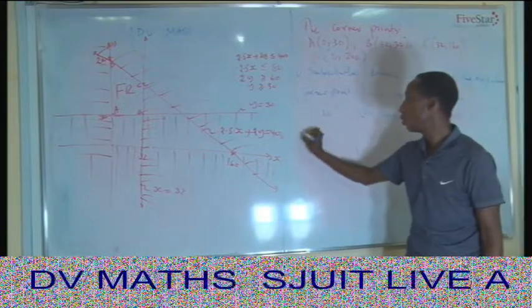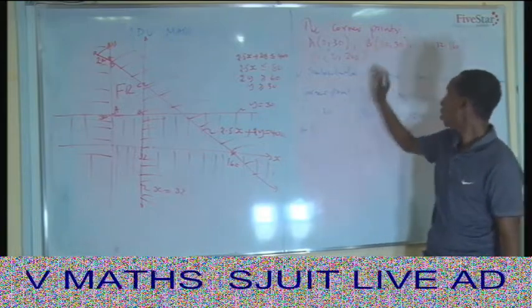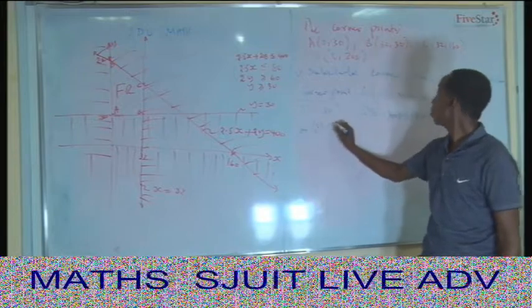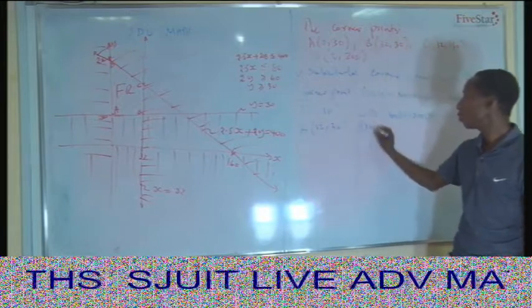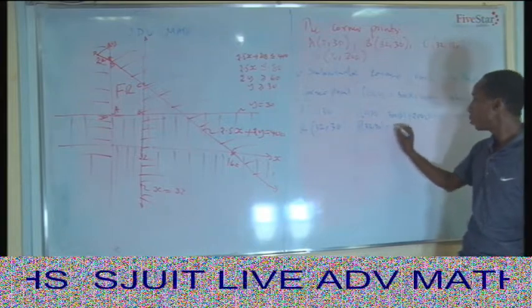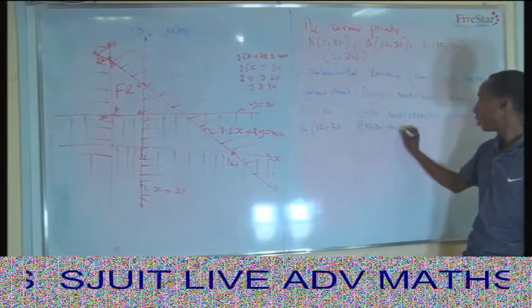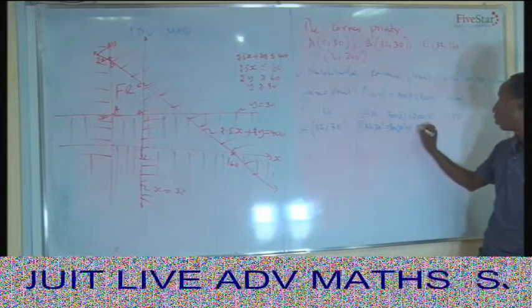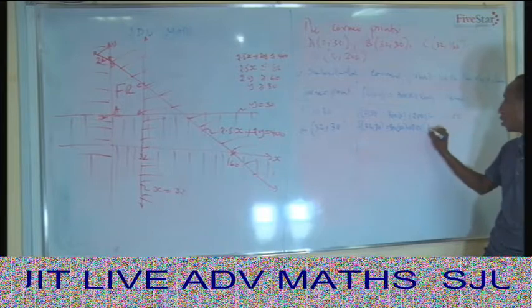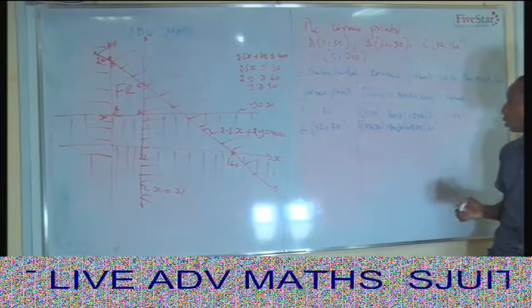And corner point B is (32, 30), which is f(32, 30) equals 300 times 32 plus 200 times 30.